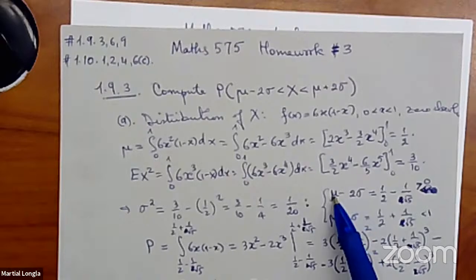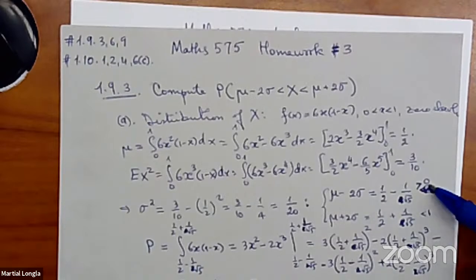Now you compute mu minus 2 sigma and mu plus 2 sigma, and you need to make sure that you are still within the range of the random variable. Luckily for us, this is larger than 0, which is fine, and this other one is less than 1. So the two numbers are within the range of our random variable.